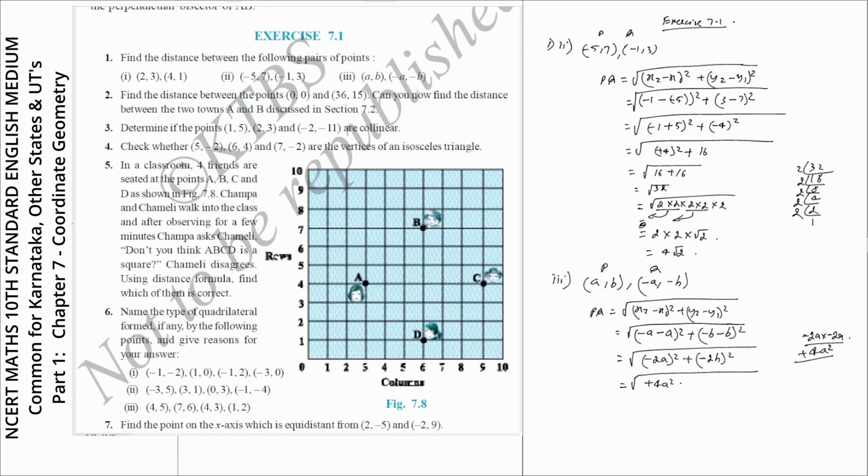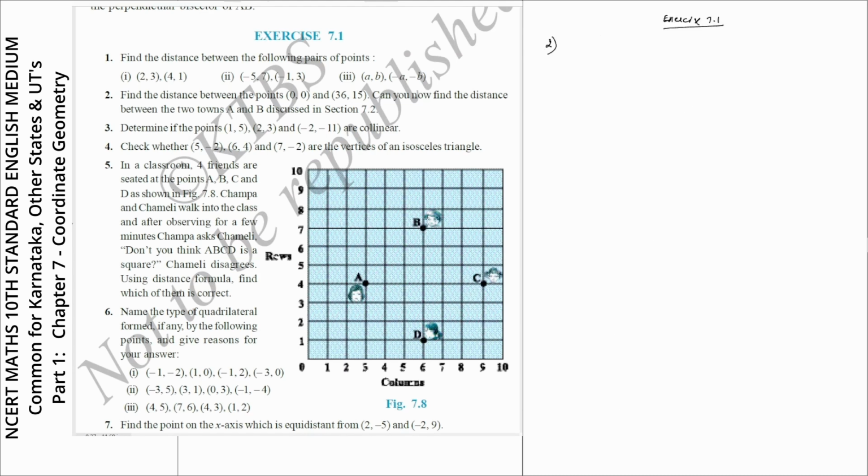Similarly here I'll get plus 4b square. So here I can take 4 as common factor, 4 into a square plus b square. Now square root of 4 is 2, so 2 I can take outside. So this is 2 into square root of a square plus b square, which is the answer.